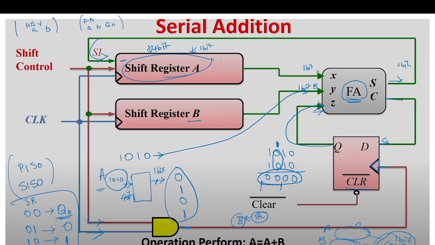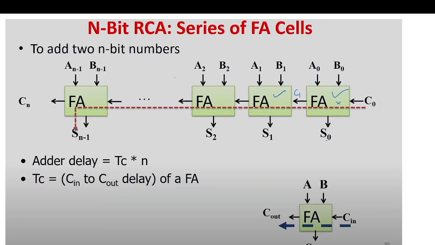See, the main idea of using a shift register here is that we have 1 bit A0, B0, C0. We performed the addition, then it gave C1. Then only we were able to perform A1, B1, C1. So if this is performed at t is equal to 0, we need to perform this at t is equal to 1.